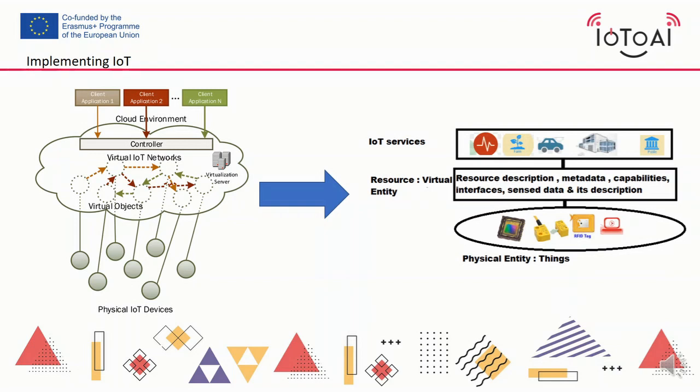So, you have to know that we are working in a physical environment, but we are managing our IoT network with a virtual technology, virtual management, virtual services, and so on.